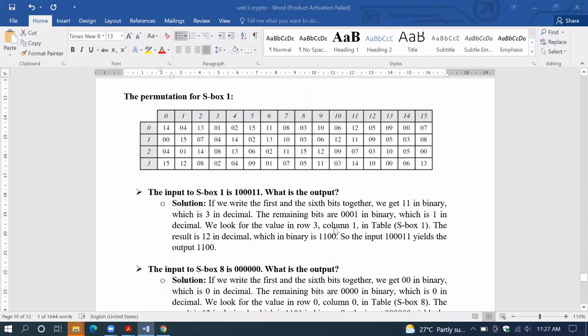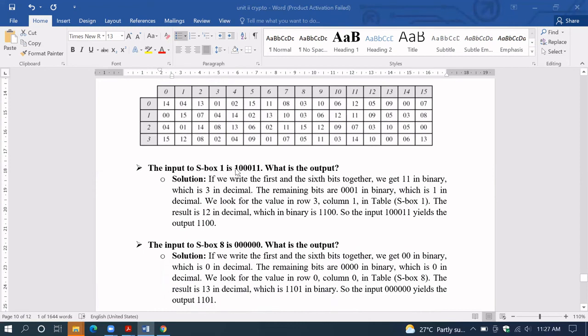So you will have 8 permutations for 8 S boxes. So for example, if we have to convert from a 6-bit value to a 4-bit value, consider the input is 100011. What should be the output?